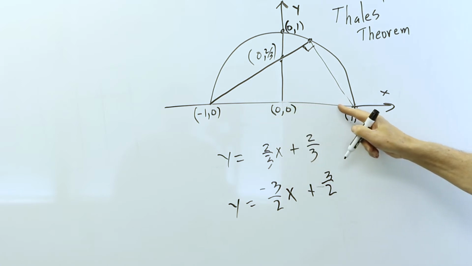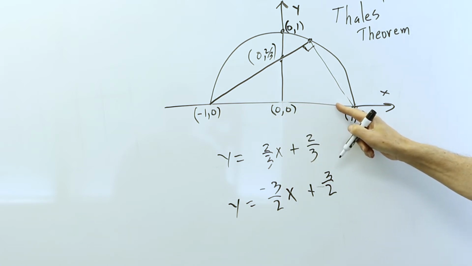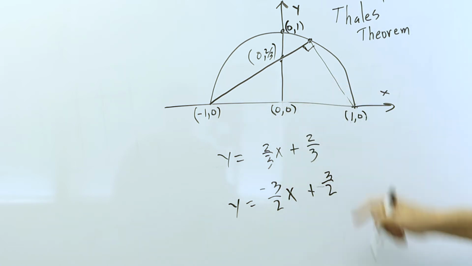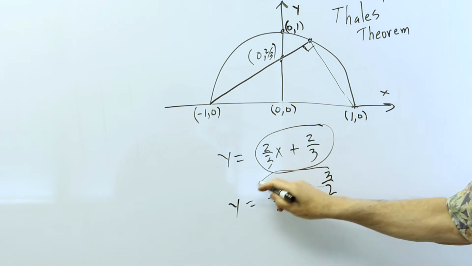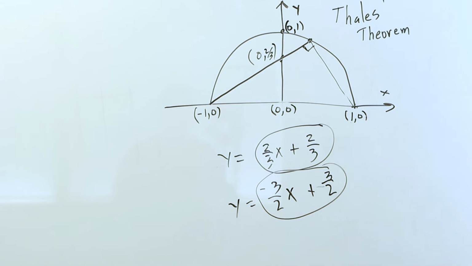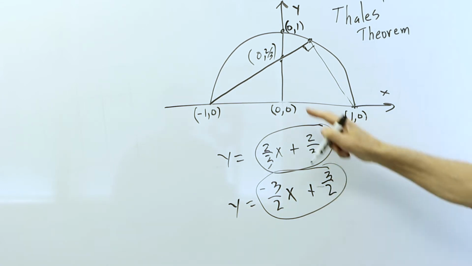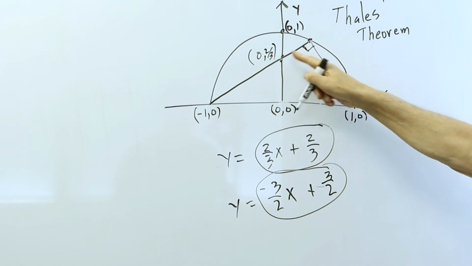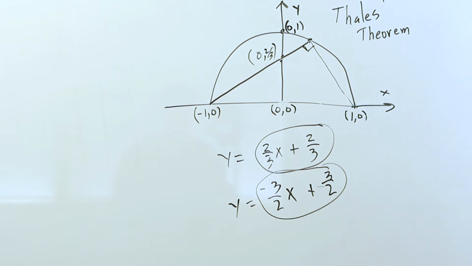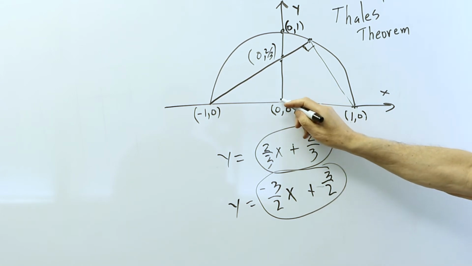If this distance is my input, this vertical distance is my output. If I were to have this equal to this, and I solve for x, it would tell me the point where the same input gives you the same output for both of these lines. So all I have to do is write this equation and solve for x to know this distance.